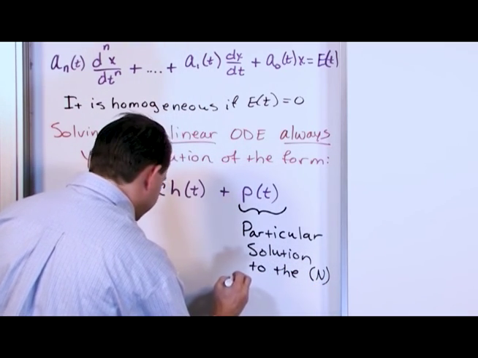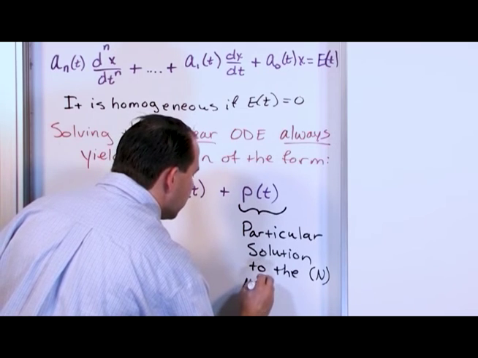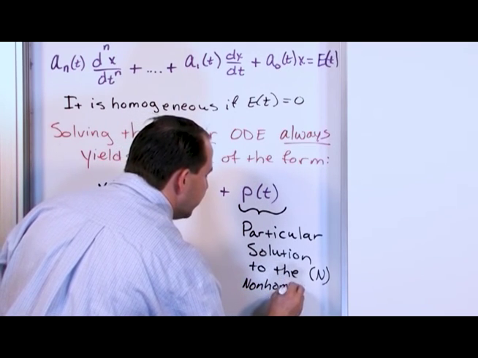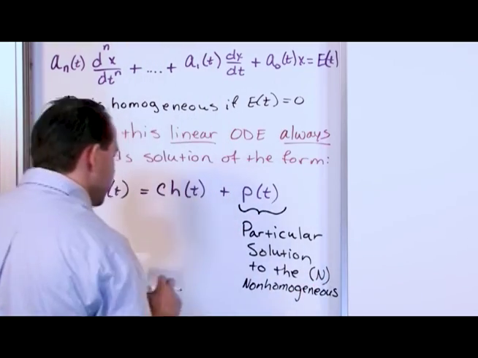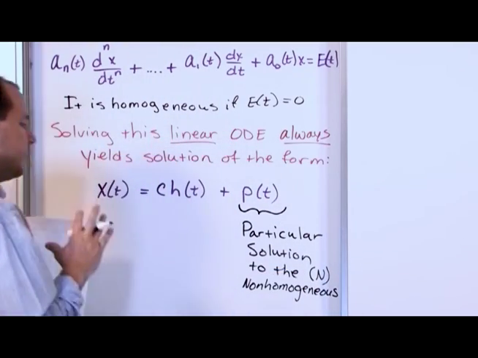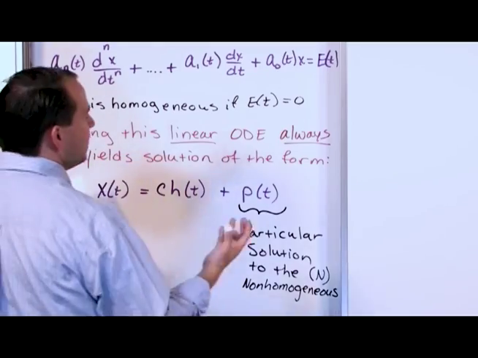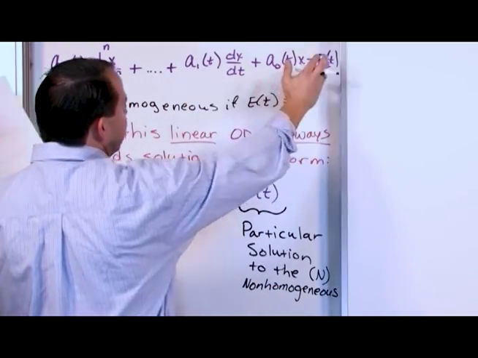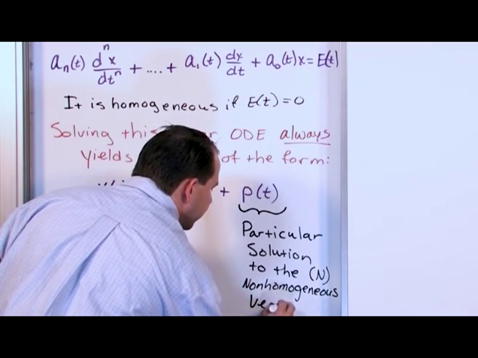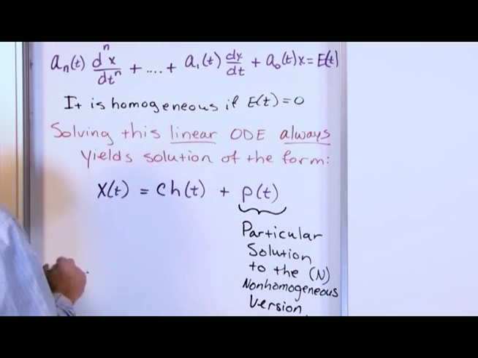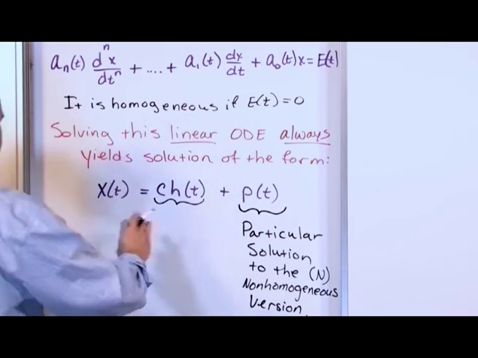N means non-homogeneous, so I'll go ahead and write it out. Non-homogeneous. Anytime I have parentheses n, that means I'm talking about the non-homogeneous version. It means the version that has E of t over here. Let me get that on the board, okay? And then let me write something about this, and then we'll talk about all this stuff.